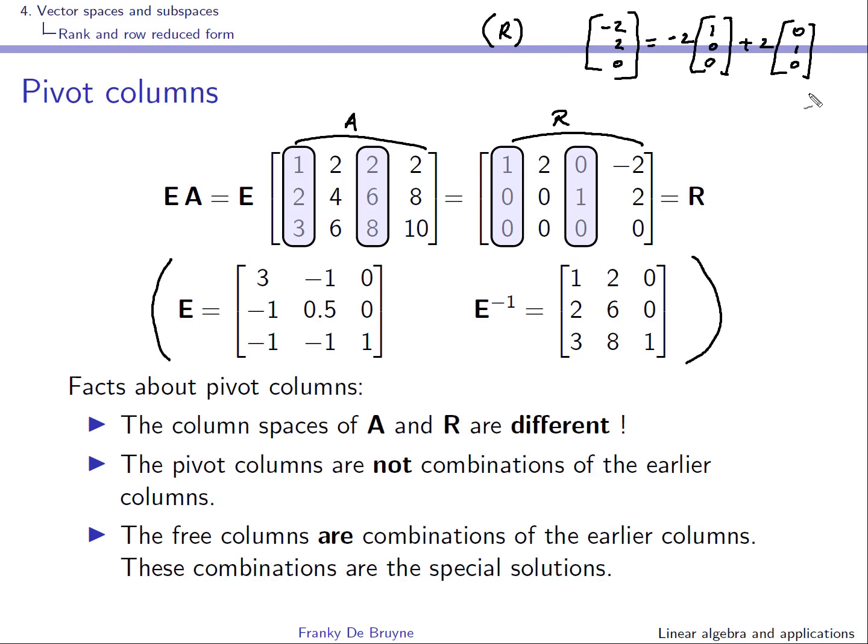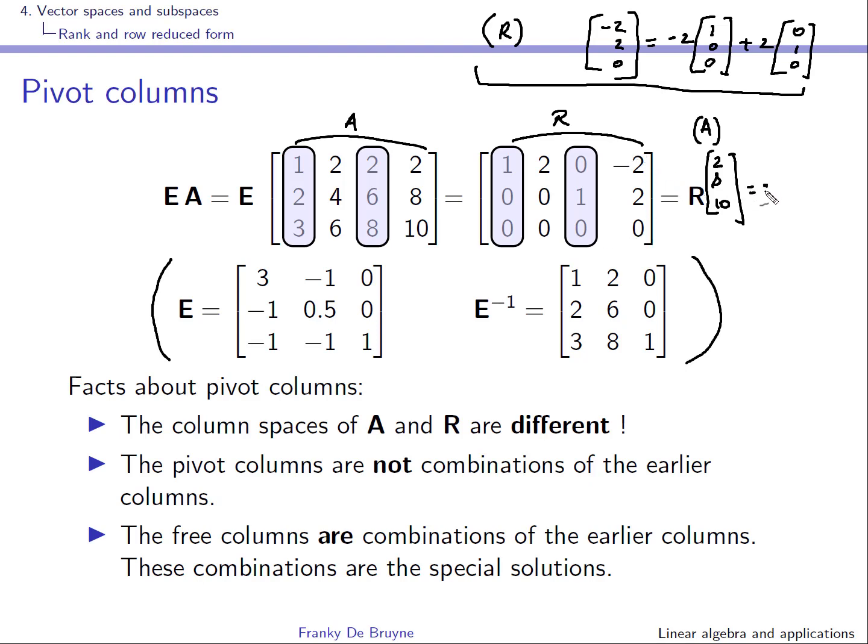This is kind of obvious to see in the row reduced echelon form, but it's also true if you work in the matrix A. The fourth column, 2, 8, 10, is a linear combination of the previous columns. And how can you write it? Well, it's all written over here.